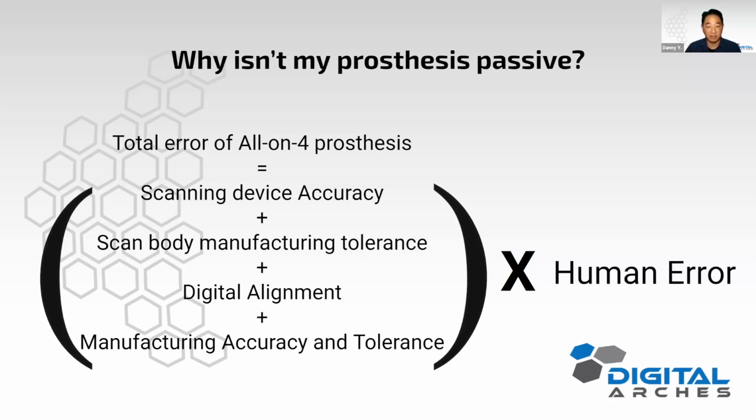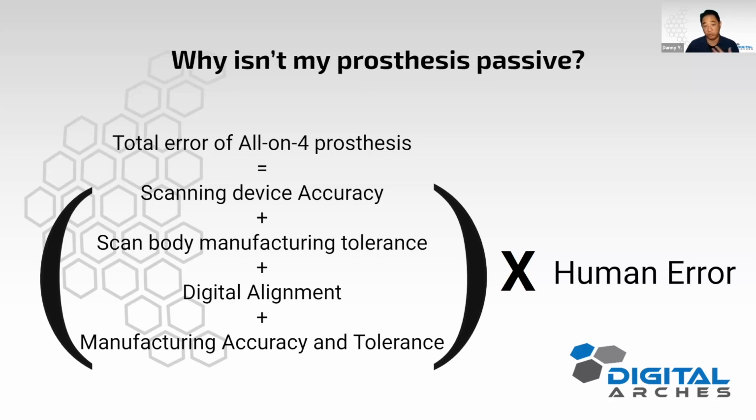That is not an accurate statement, because there are so many other ways of having error as you're making your prosthesis, whether it's the scan body manufacturing tolerance, we'll talk about that, the digital alignment in the exocad library, or the manufacturing accuracy and tolerance of the prosthesis itself.